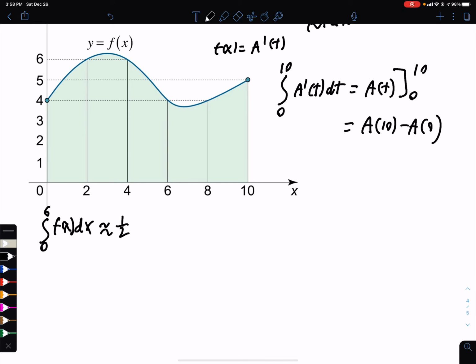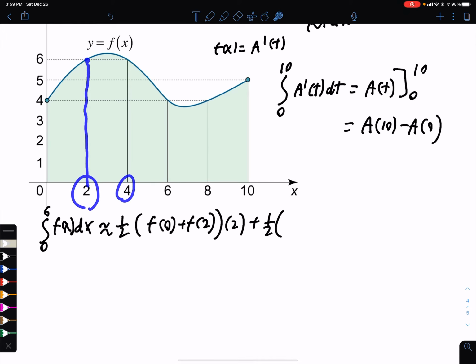So it's 1/2. And my two bases, here's my first base, here's my second base. It's going to be f of 0 and f of 2 will be my bases. And my width will be 2 minus 0, which is 2. And my next interval is going to be from 2 to 4. My first base is f of 2.